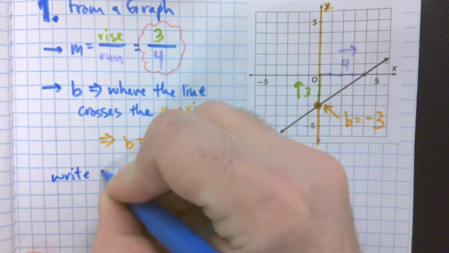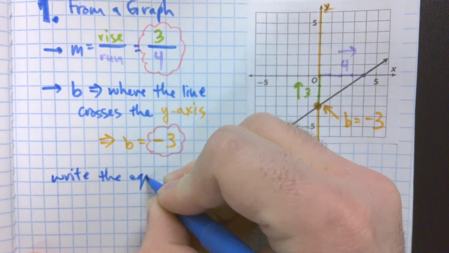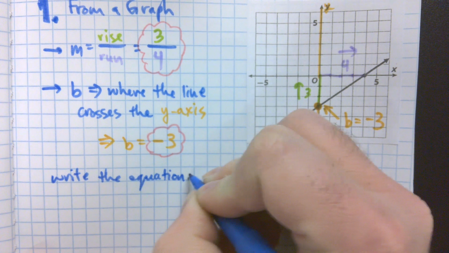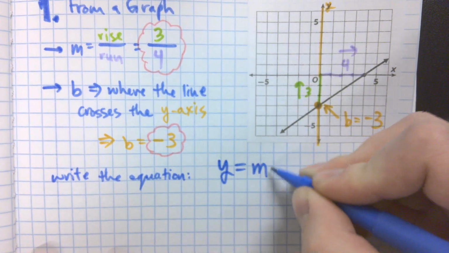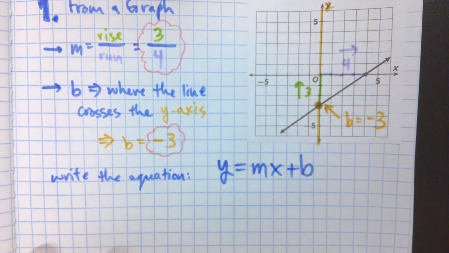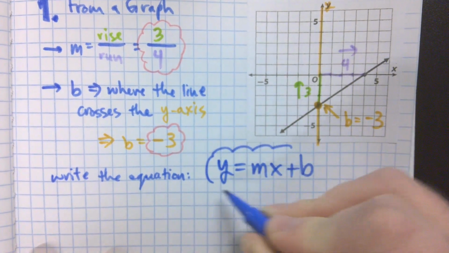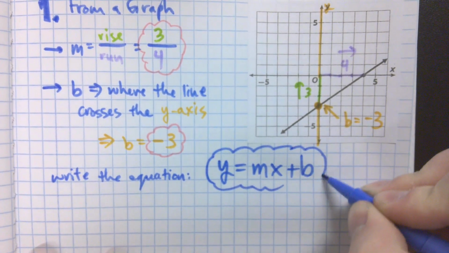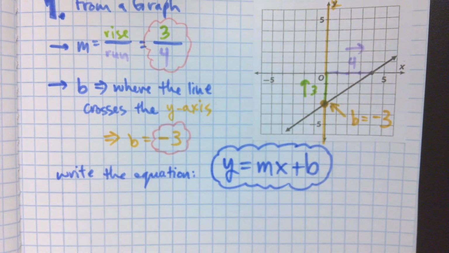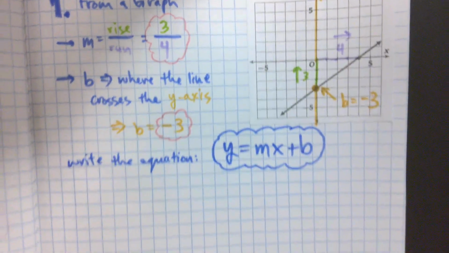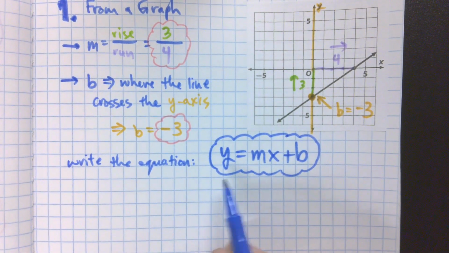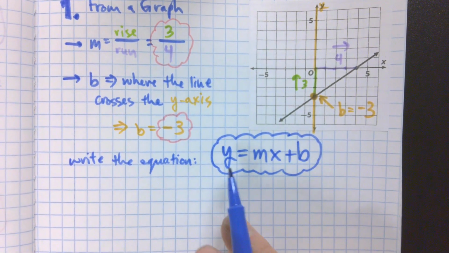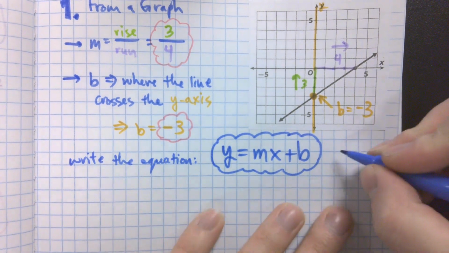We can now write the equation in the form y is equal to mx plus b. How do we remember this formula again, everybody? Yo mama's ex-boyfriend. That's right. This is our slope-intercept form.